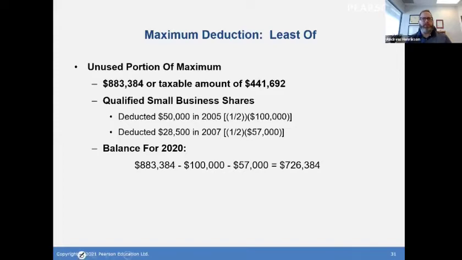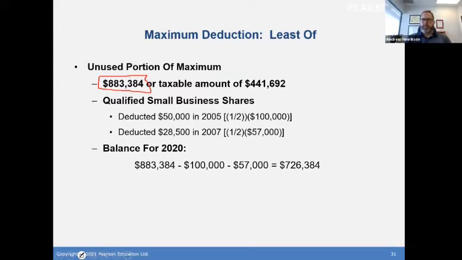Another thing to point out here, that number 883,384, that's the real world gain. I like to call it the real world. Like I said, you bought it for $1 million and you sold it for $1,883,384. You profited $883,384. So that's the real world money in your hand.